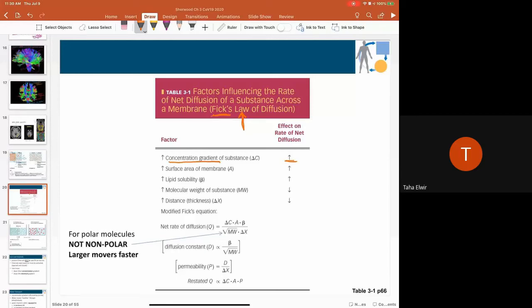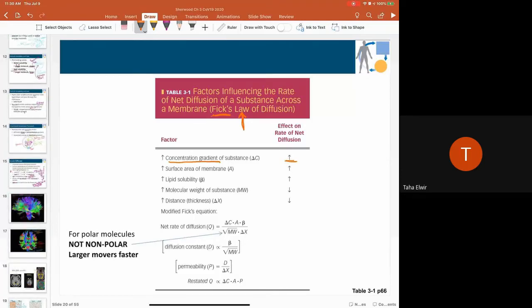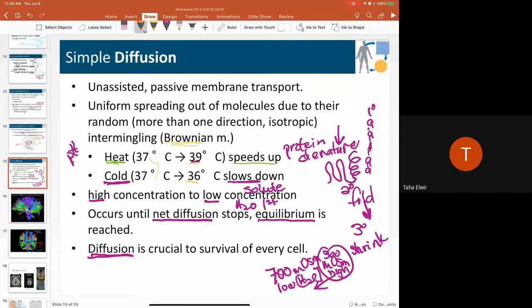So you increase the concentration gradient. Let's go back here. If I went up to 1200 milliosmoles, then water would leave the cell faster.